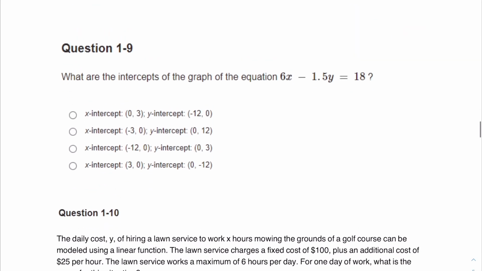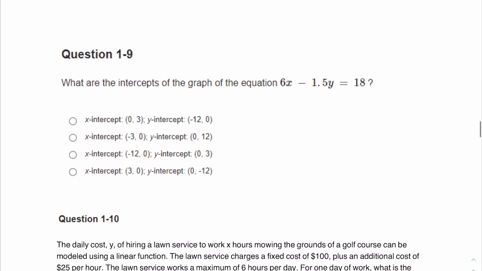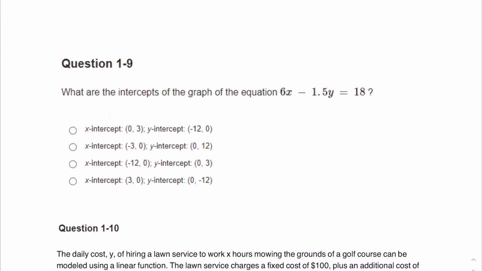What are the intercepts? So to answer a question like this, I would make a quick graph. If you're trying to find an intercept, that means you're either on the x-axis or you're on the y-axis. If you were any dot on the y-axis, then that means you're right here in the middle of your graph.